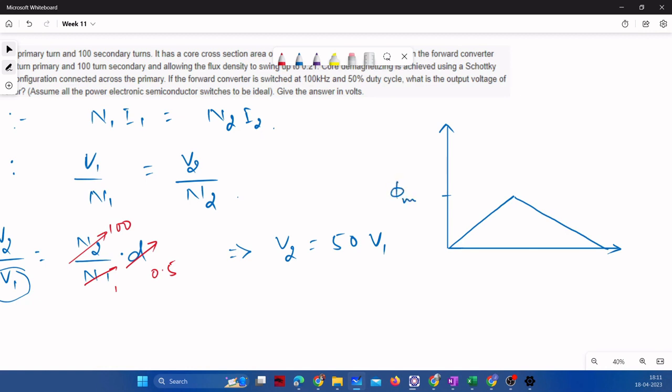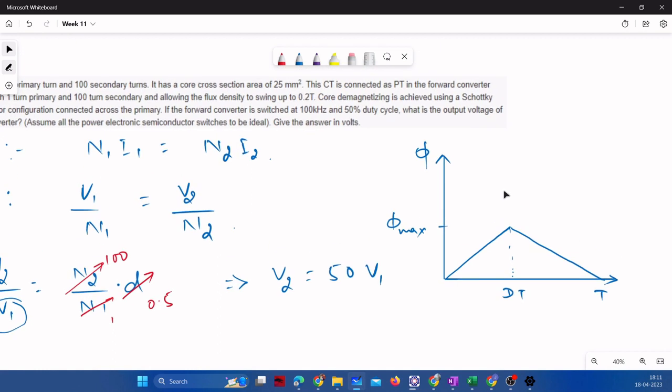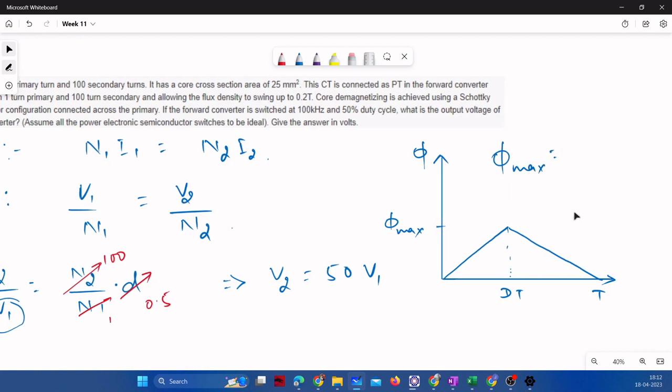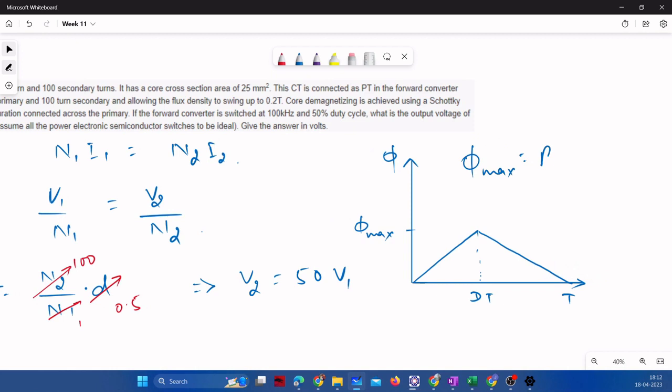It is phi max, versus t. This is flux. Since we are given the maximum flux density, we can compute phi max as B max into the cross-sectional area of the core, which is 25 mm square, provided in the problem.